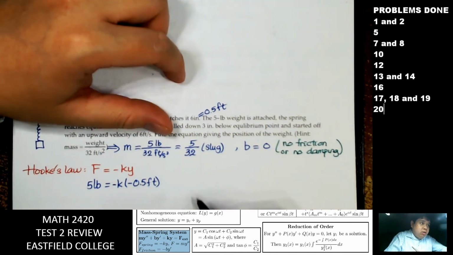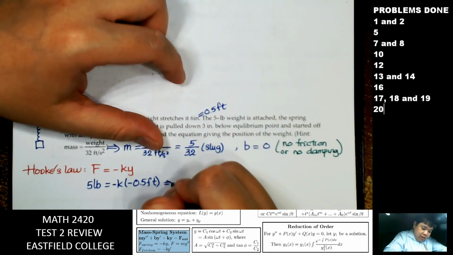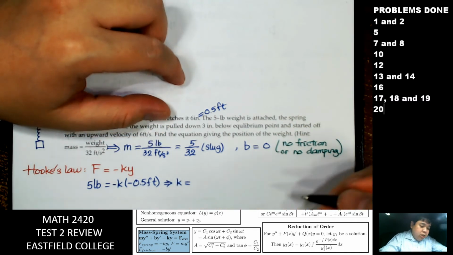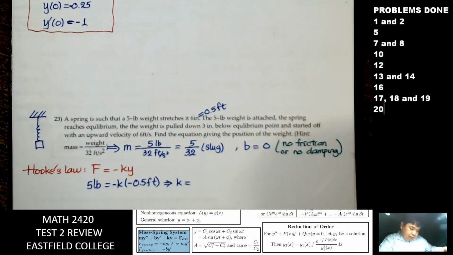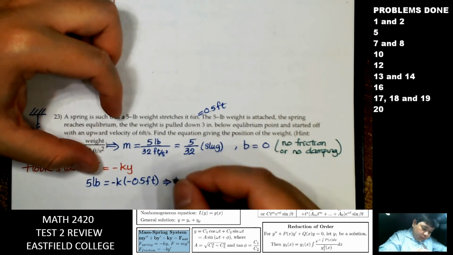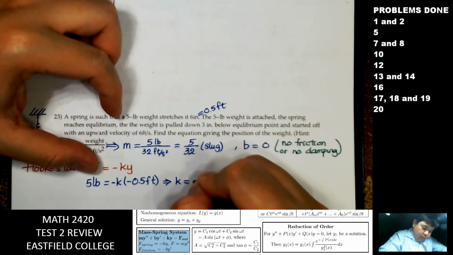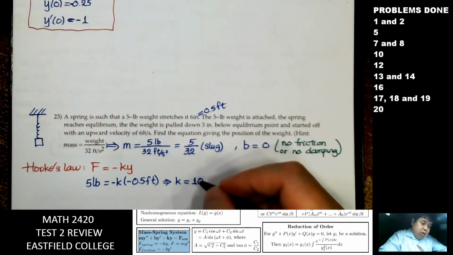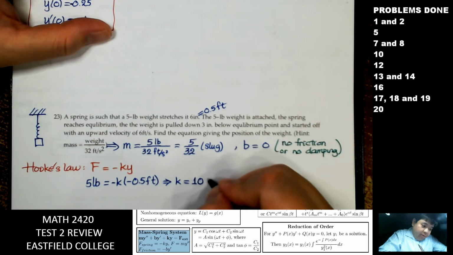So when we do this, we find the constant k. It will be 10. We can write pounds per foot. The unit is not really important.